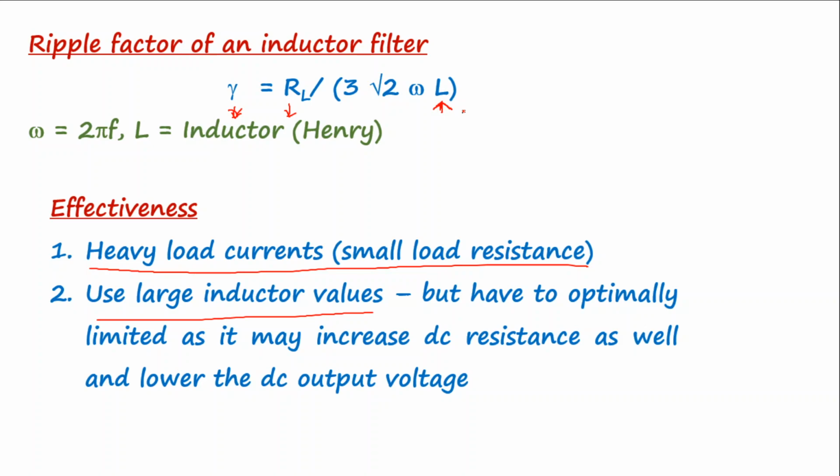Today in the session we understood what a filter circuit is and what the 4 different types of filter circuits are. We discussed in more detail the inductor filter, where you keep an inductance coil between the rectified output and the load resistance, and how it works to carry out the filtering action.